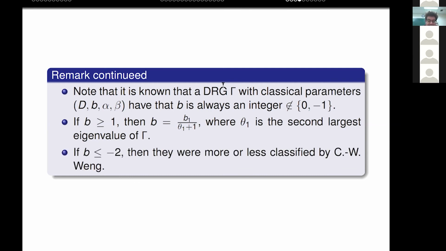If b is at most minus 2, then they were more or less classified by Weng. He got all the known families except for one unknown family with two parameters. This family we have no examples of, and most people think that they will not exist, but we have no idea how to show that.